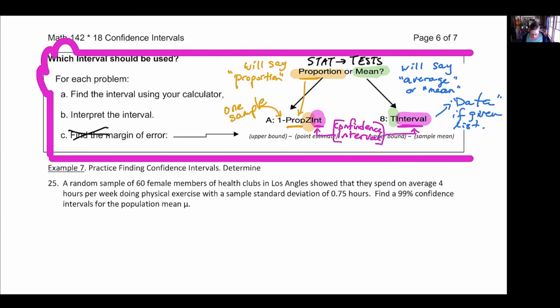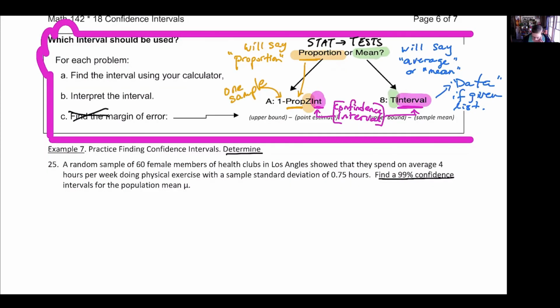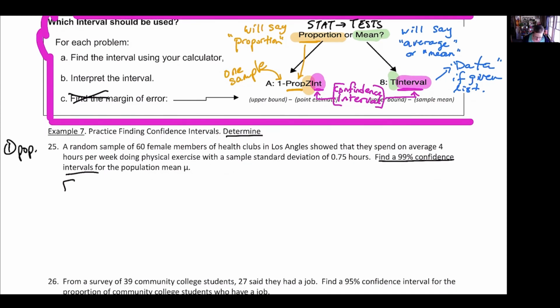For each of these, I did a typo. I never finished the sentence. In all of these, I'm asking you to find the confidence interval, but for the next couple minutes, let's not actually find it. What I would like you to do is find the population, find the parameter, and determine which calculator function to use.